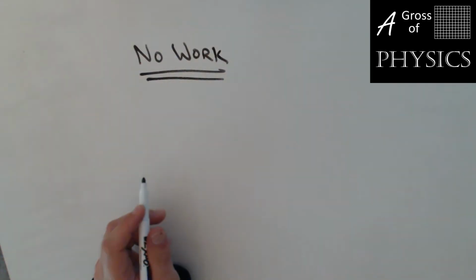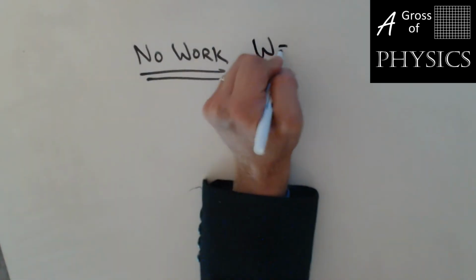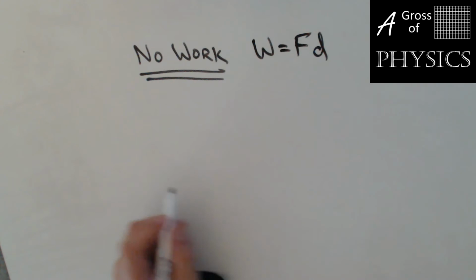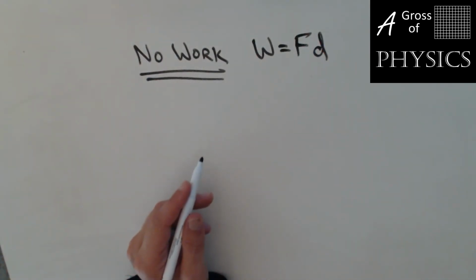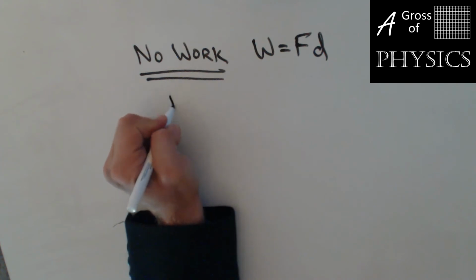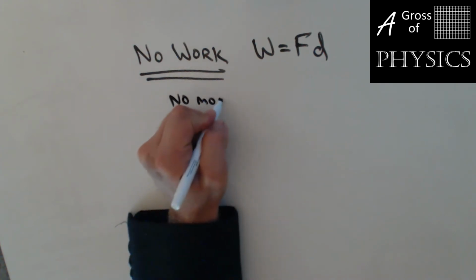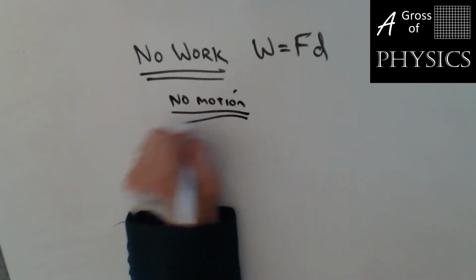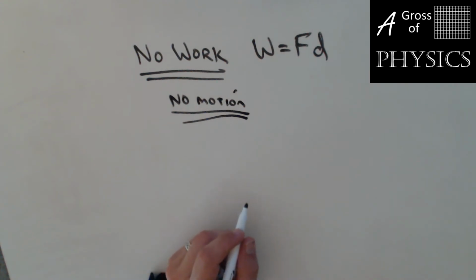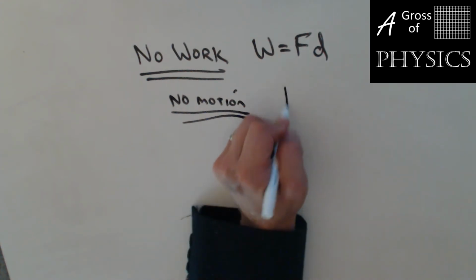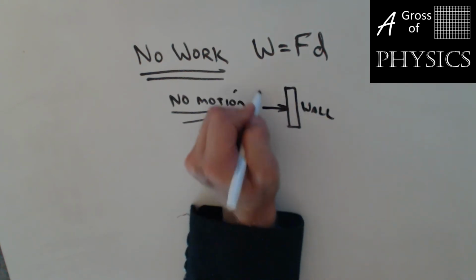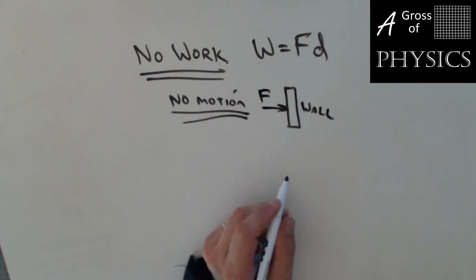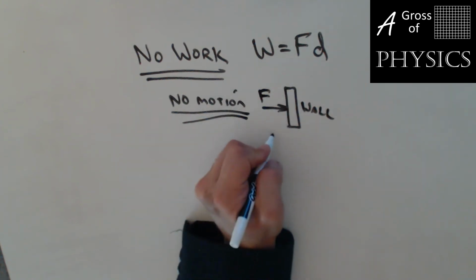Now, since motion has to occur for work to be done, W equals Fd, there are two ways in which a force can do no work. And if we have no motion, you're not going to do any work. If you try to push against a wall, and here's the wall, and you push, and it doesn't move, then no work.